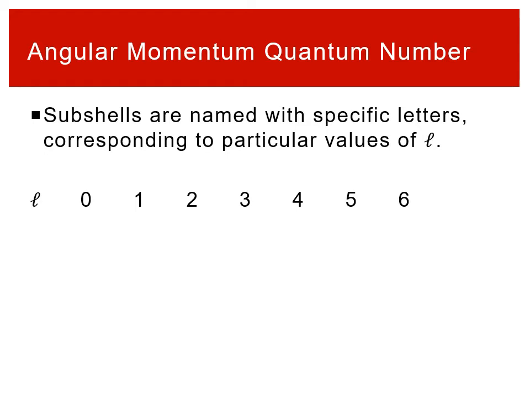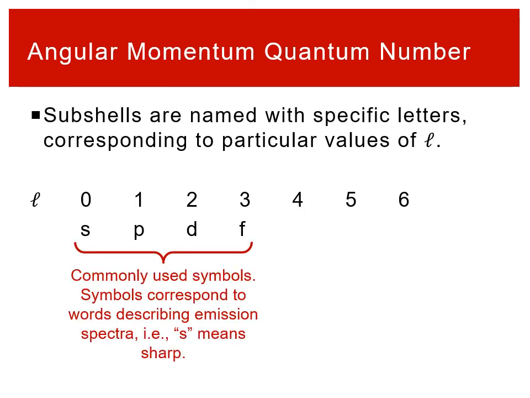But there's an interpretation where we take, say, L equals 0 and we just call it S. So there is a letter that corresponds to values of L. L equals 0 is S, L equals 1 is P, L equals 2 is D, and L equals 3 is F. You will note these are totally not alphabetical, but these are the most commonly used symbols. These are going to be the most helpful for you to learn.